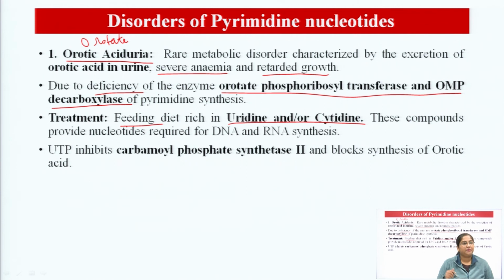UTP also inhibits carbamoyl phosphate synthetase 2, which blocks the synthesis of orotic acid, so there will be very little orotic acid in the urine.